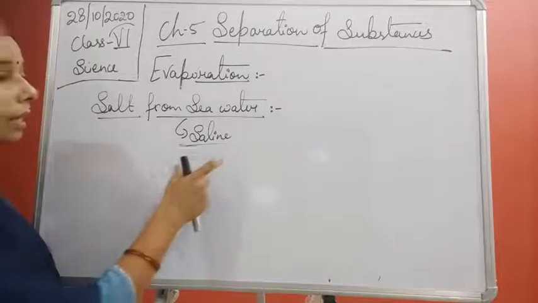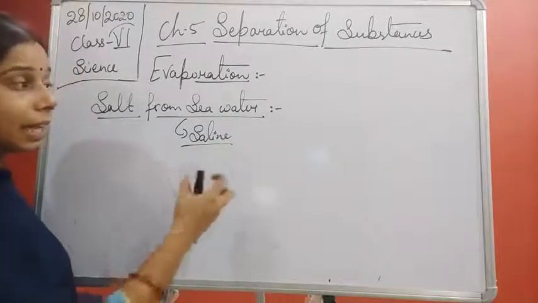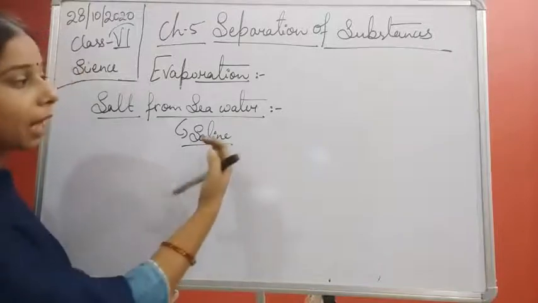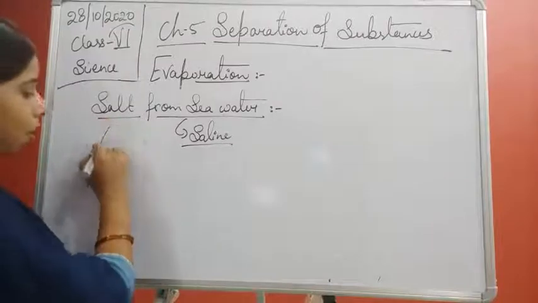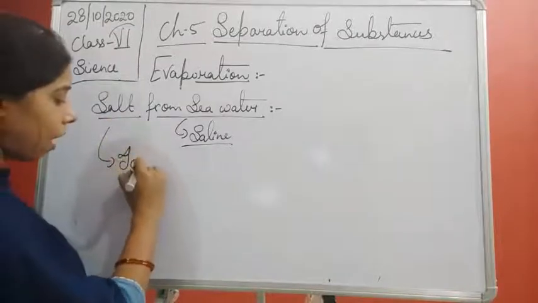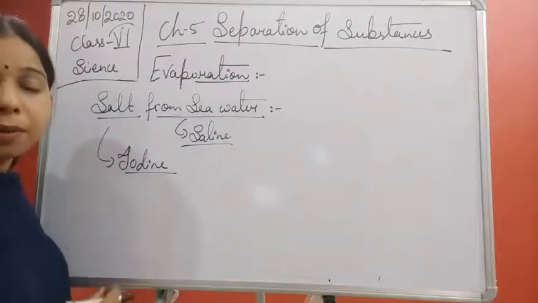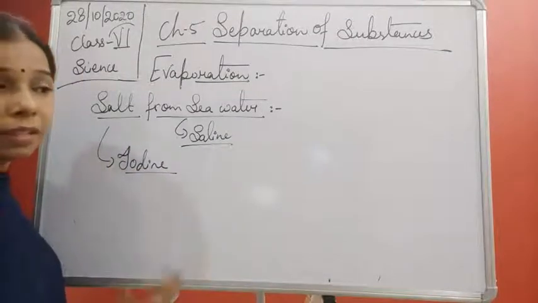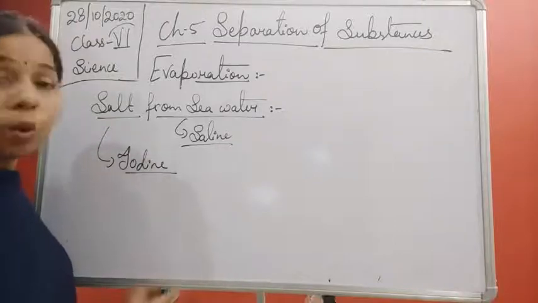So it is saline water, we cannot drink it, but we can extract the salt from the seawater. You know that salt is very important because it consists of iodine, which is important to prevent deficiency diseases like goiter.